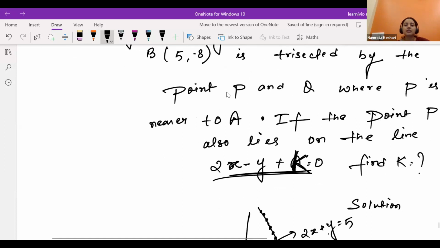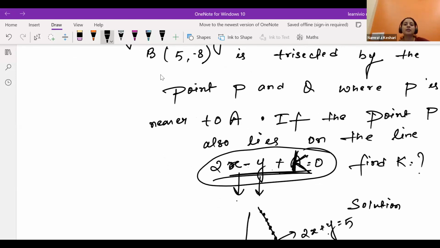Here also it says that if the point P also lies on this line, that means P must be the solution of this equation and it must satisfy this equation. We are free to put at the place of x whatever you have got as the x coordinate of P, and at the place of y whatever you have got as the y coordinate of P, and from there you will be able to get the k value. Are you getting it?